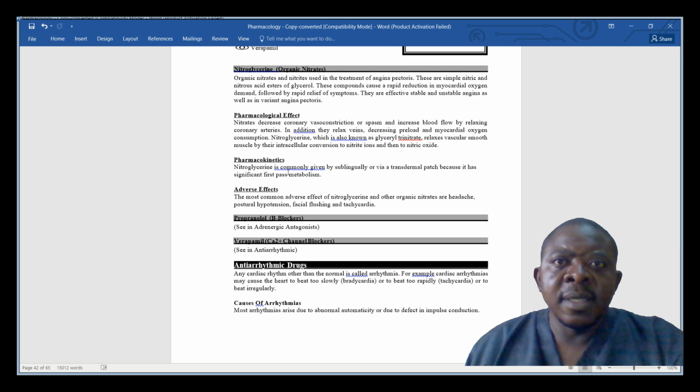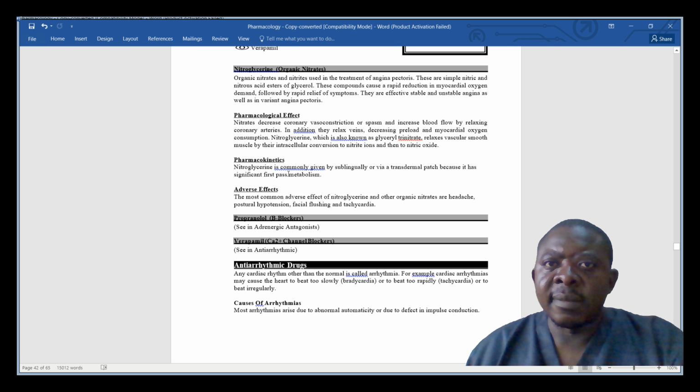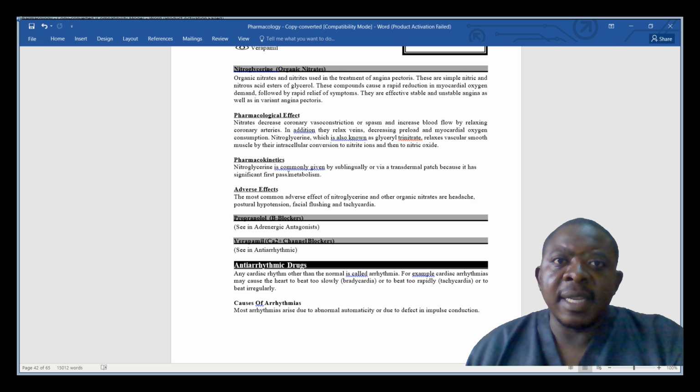This compound causes a rapid reduction in myocardial oxygen demand followed by rapid relief of symptoms. They are effective in stable and unstable angina as well as in variant angina pectoris.